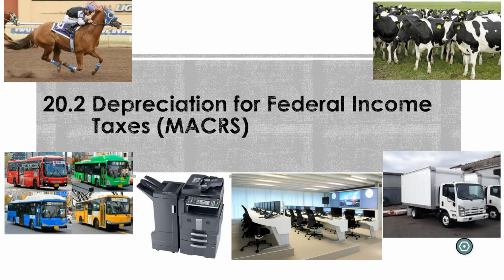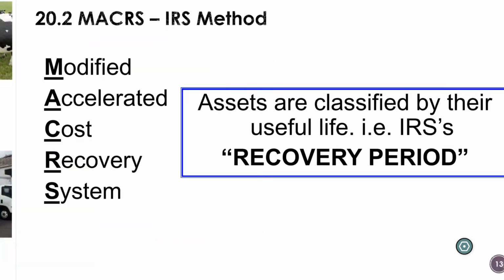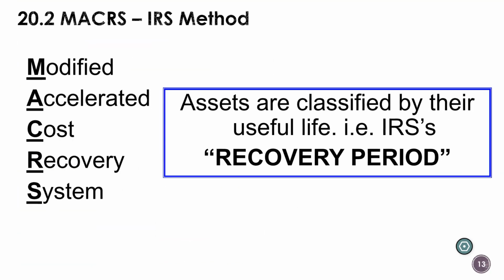You can depreciate your racehorse, you can depreciate your dairy cattle, your bus, your copier, office equipment, and trucks. There are a number of things that can be depreciated, and you're going to see that on the charts coming up. Okay, so this is what MACRS stands for. I can't ever remember this, so I just call it MACRS, Modified Accelerated Cost Recovery System.